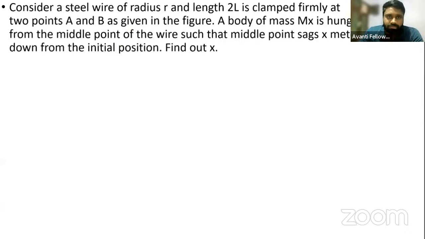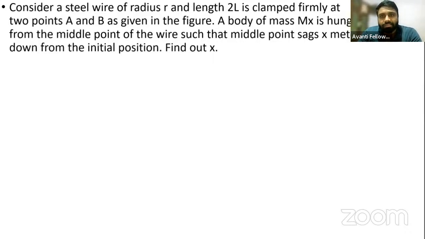Okay. So this is the question that we left yesterday. So we will start from this question and move forward. Now, consider a steel wire of radius r and length 2L clamped firmly at 2 points A and B as given in the figure. I will draw the figure, do not worry about it.